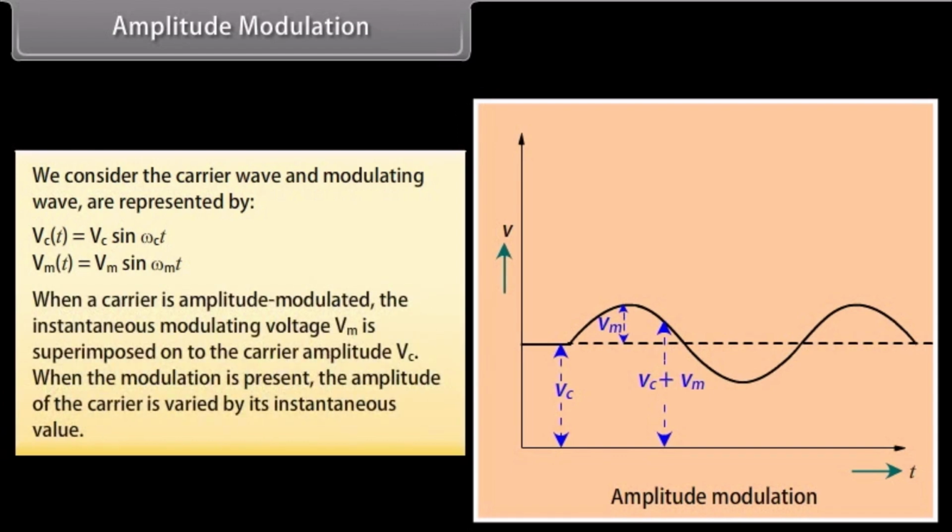When a carrier is amplitude modulated, the instantaneous modulating voltage Vm is superimposed onto the carrier amplitude Vc. When the modulation is present, the amplitude of the carrier is varied by its instantaneous value.